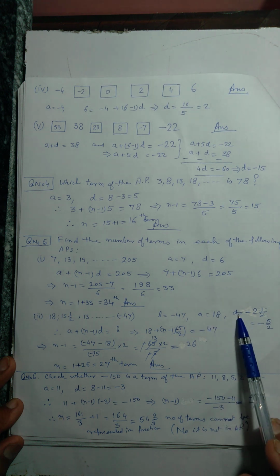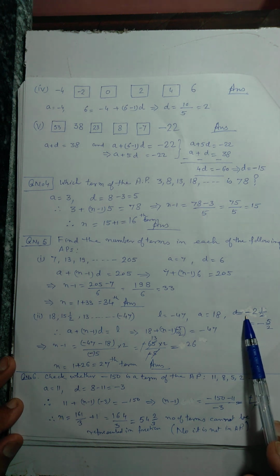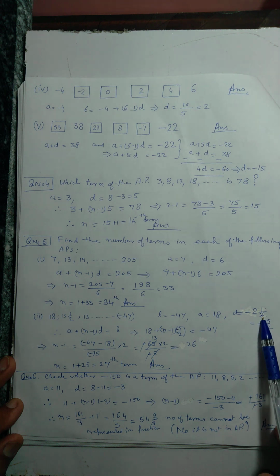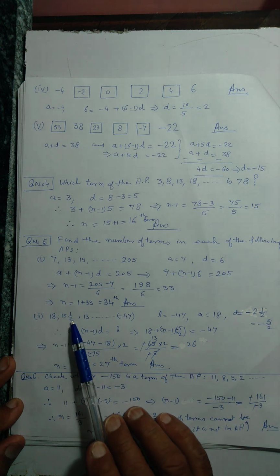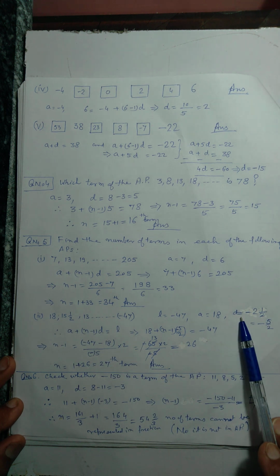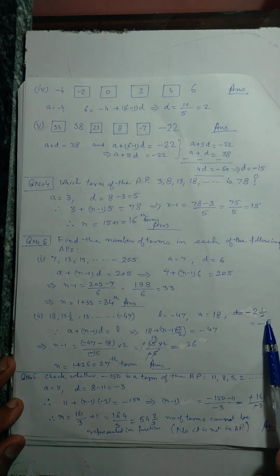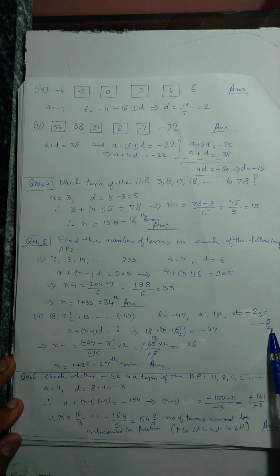So we have to find the common difference, that will be equal to minus 2 and 1 by 2, because it is decreasing. So it will be minus 2 and 1 by 2, that is equal to minus 5 by 2.